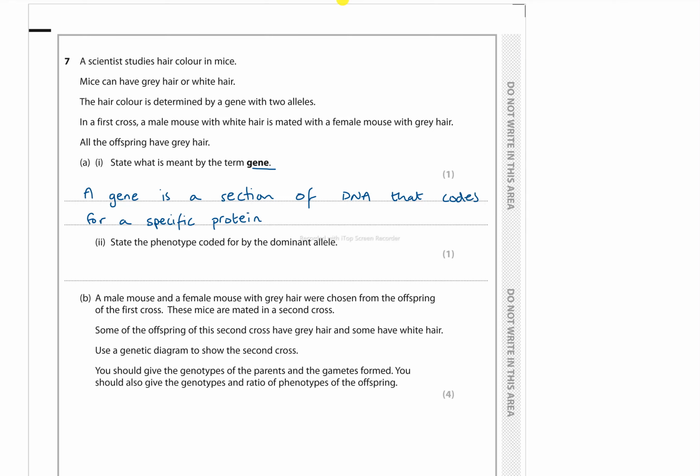Done. Right? Section of DNA that codes for a specific protein. Yeah, just remember that.